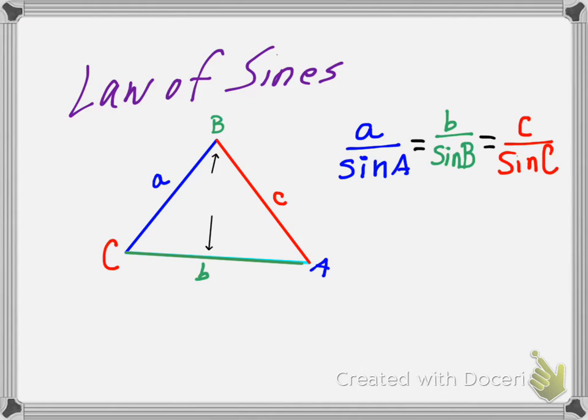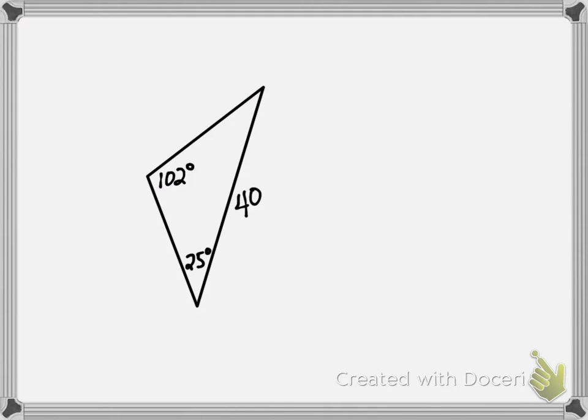So if we have an opposite relationship, we can actually use the law of sines to solve for any kind of triangle whatsoever. So let's look at a couple of examples that we talked about in class. In this case, we do see an opposite relationship between the 120 degrees and the 40. Do you see right here? These are actually opposite of one another.